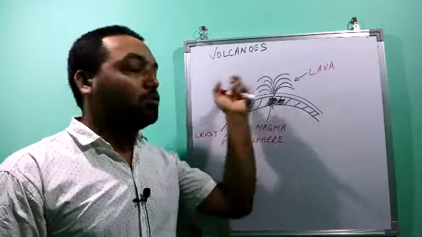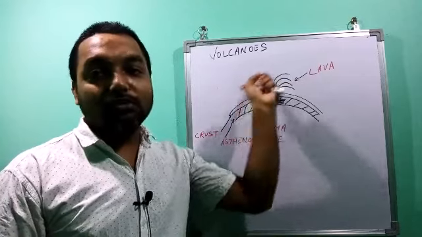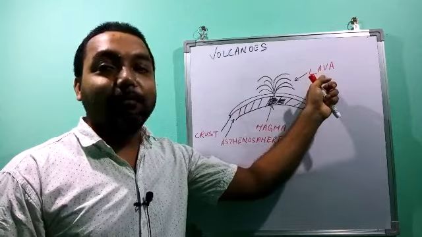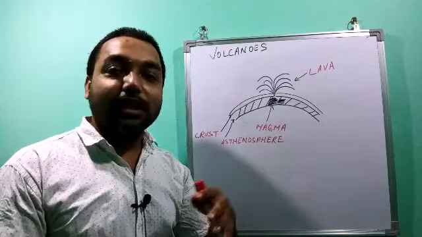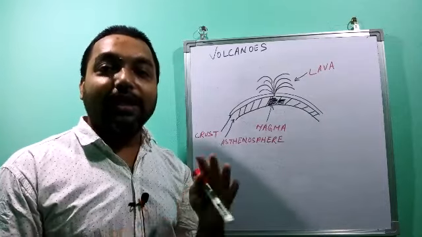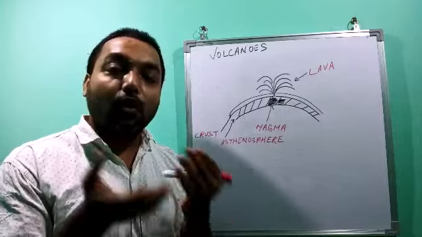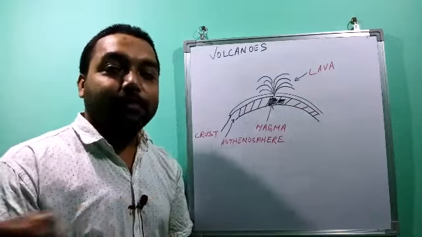Inside it is known as magma. Only when it comes out to the surface of the earth is it known as lava. This lava, when it comes and accumulates on the surface of the earth, is known as a volcanic eruption. And the portion where it takes place is known as either a plateau or a volcanic mountain.